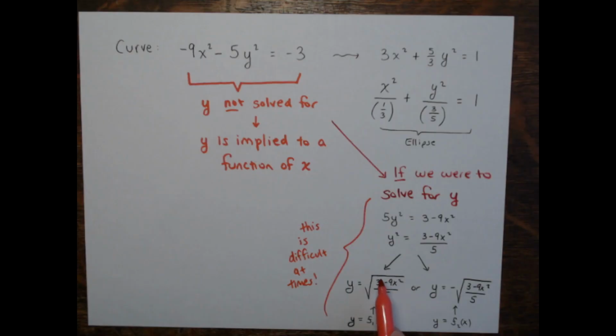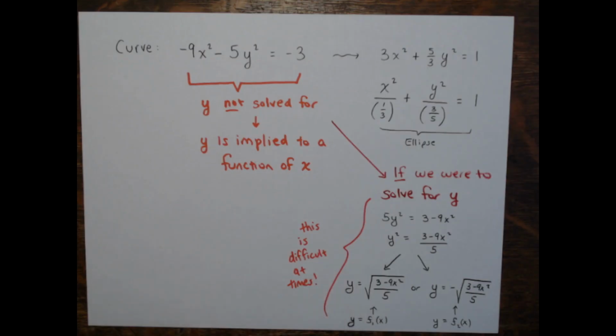Actually solving for y, getting y as a specific function of x, and then from here I could take the first derivative and the second derivative, but it would be for each one separately. This is tough to do. This equation here wasn't so hard, solving for y wasn't so difficult here, but you'll see, we may come across other curves where solving for y is difficult.